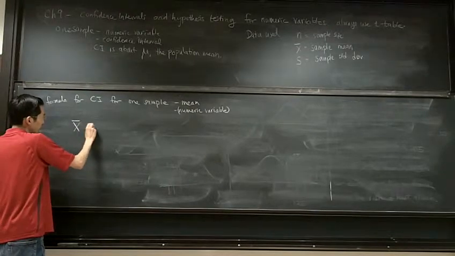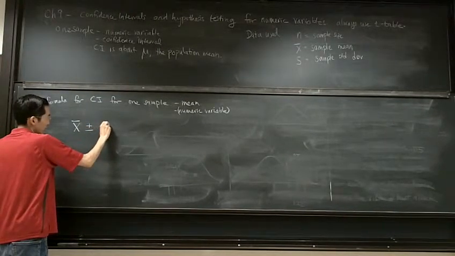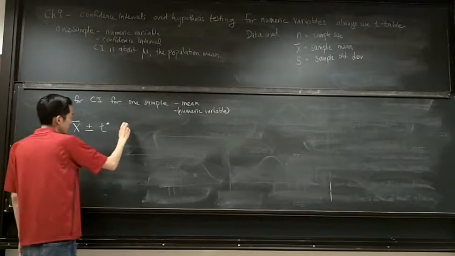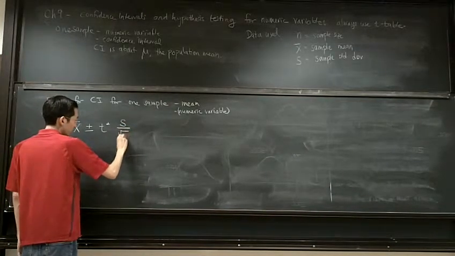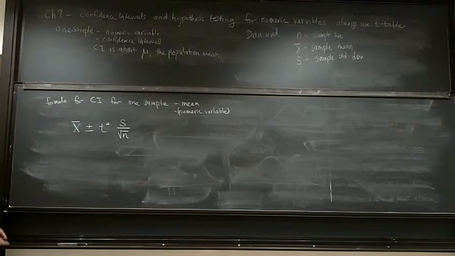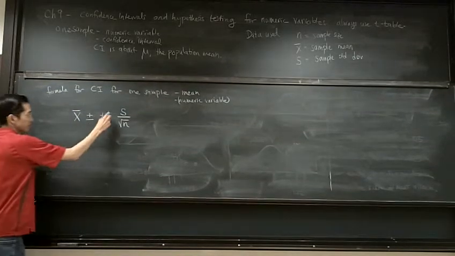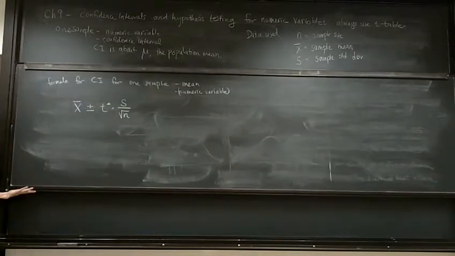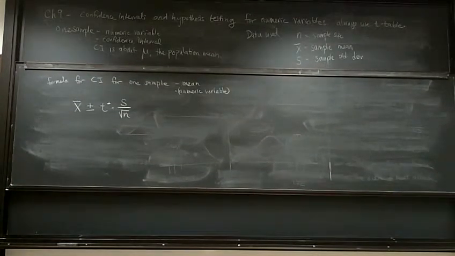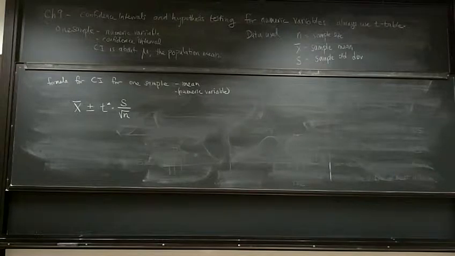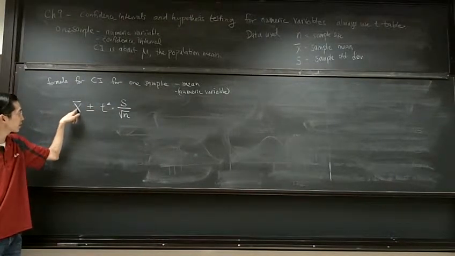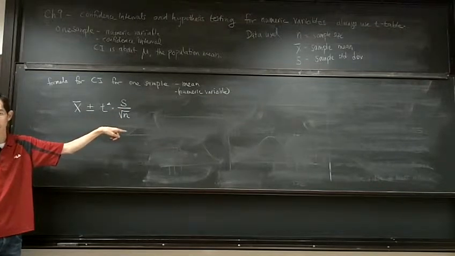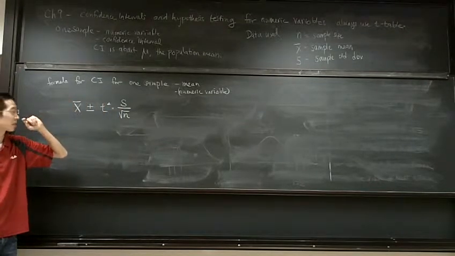X bar plus or minus T star times S over the square root of n. We will talk about what T star is. Again, you have these 3 bits, X bar, S, and N, and now you just have to find T star.